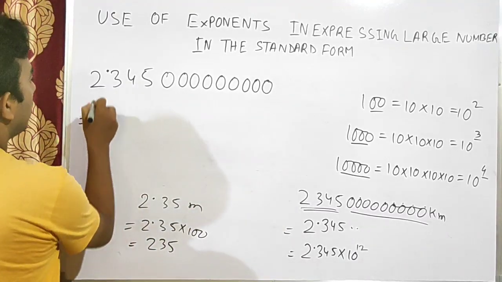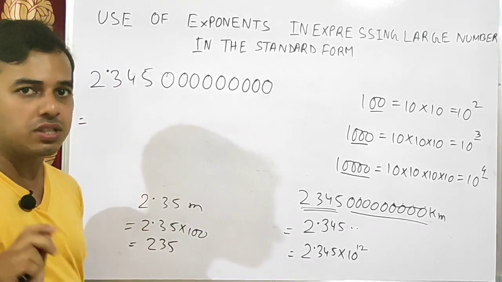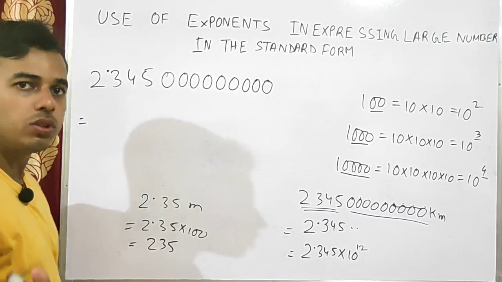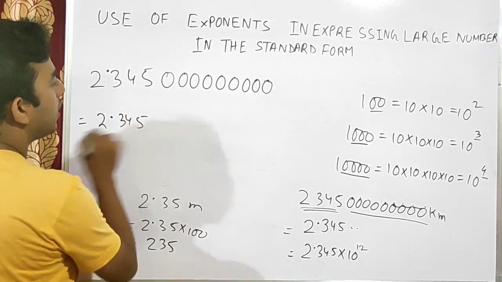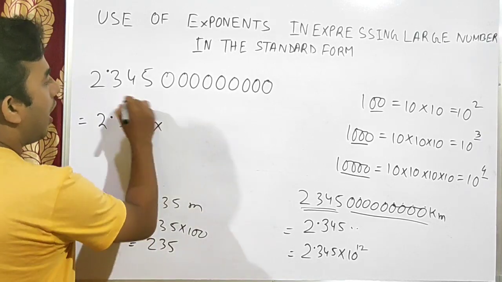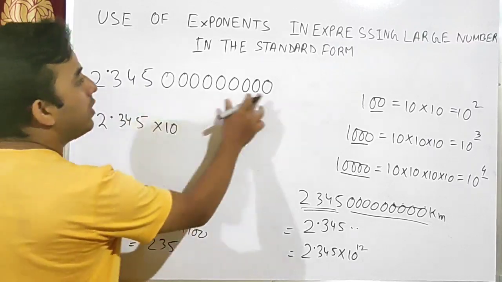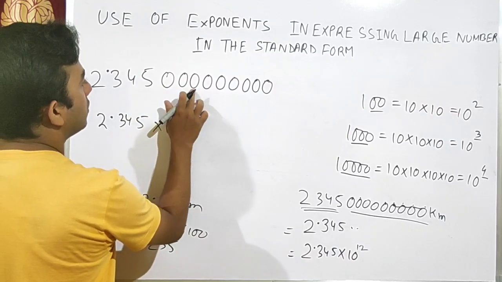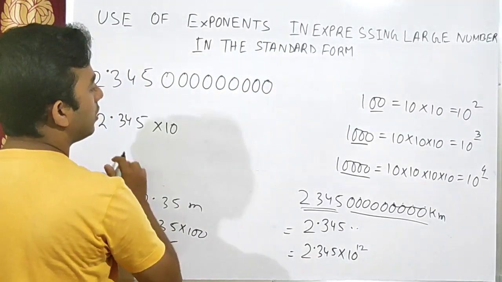After the decimal we generally write 2 to 3 digits. So we write 2.345, with 3 digits here, and then we will multiply with how many? Look, how many digits are there? 1 2 3 4 5 6 7 8 9 10 11 12, isn't it?